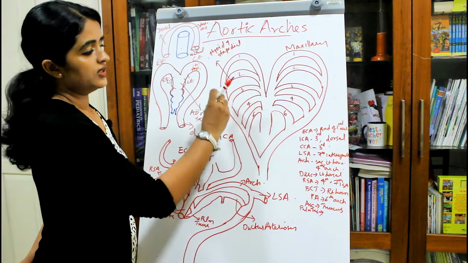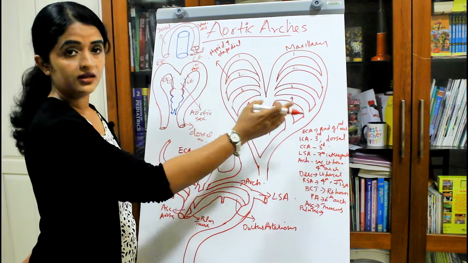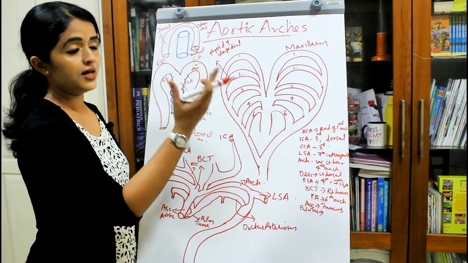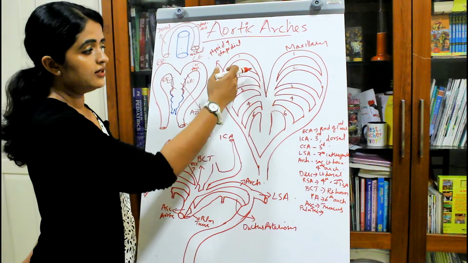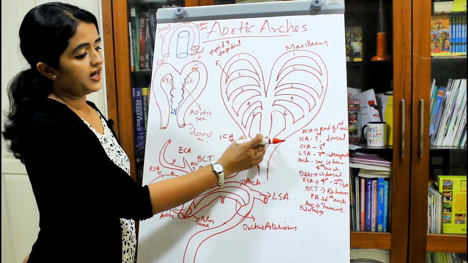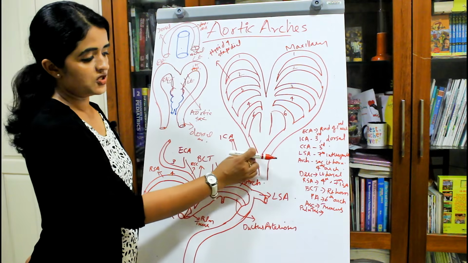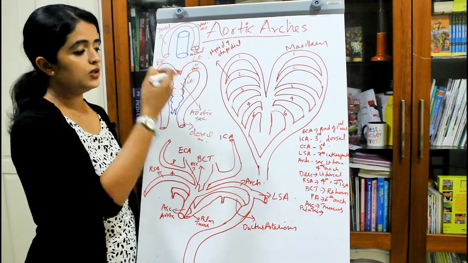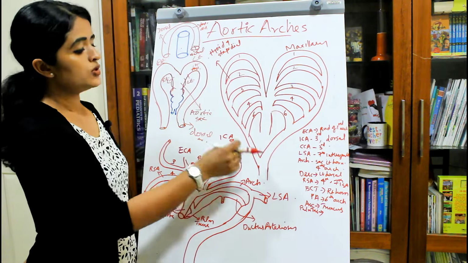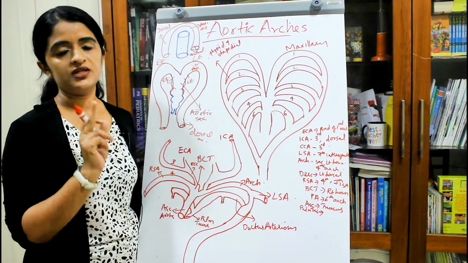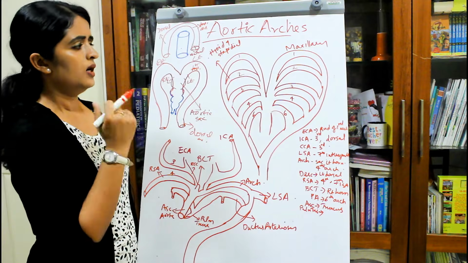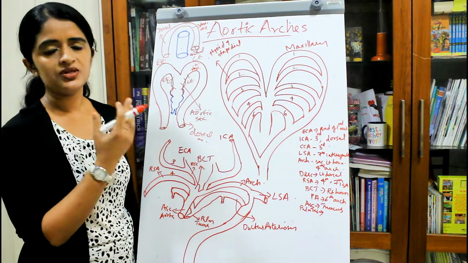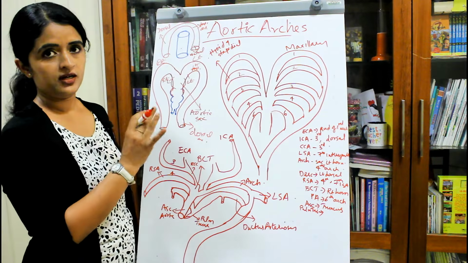Okay, so the dorsal aortae will remain as paired dorsal aortae in the region of aortic arches, and after the formation of aortic arches, the remaining portion of the dorsal aortae will just fuse together to form a single dorsal aorta.